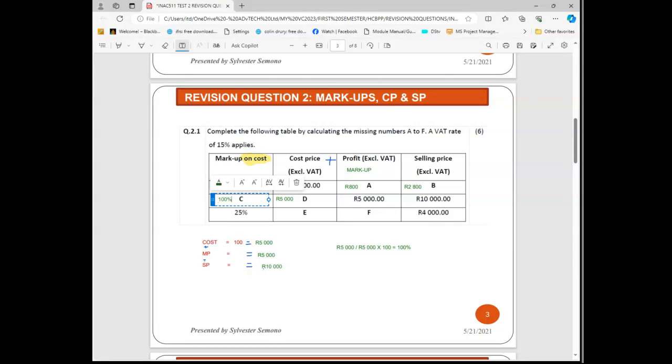I don't know if you understood what I just did. How easy is that? I just follow this because they said markup on cost. I checked the markup here, 5,000, and I put it on top of cost. If it was markup on selling price, I'll take this 5,000 divided by the selling price, which is 10,000. Does that make sense? Yes. That's how you find it.